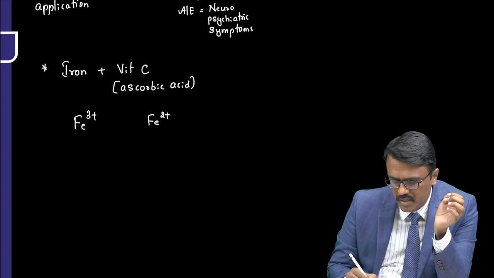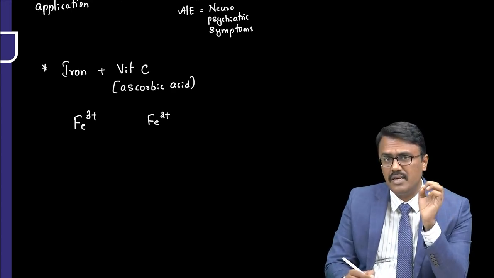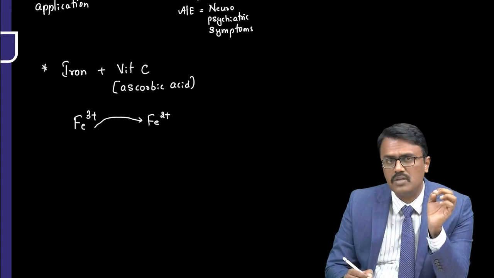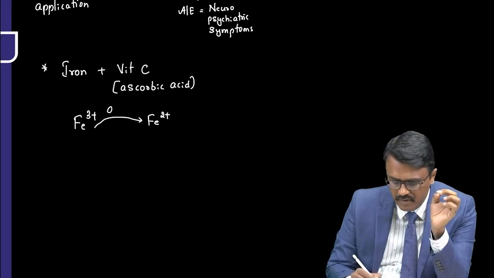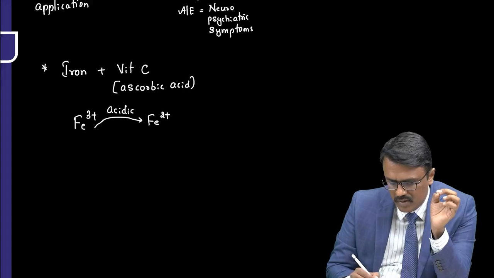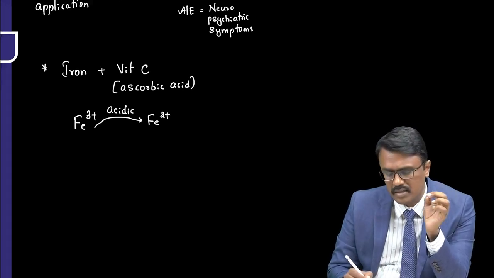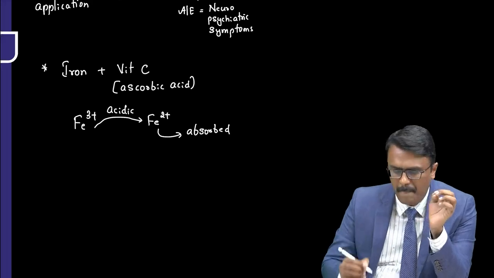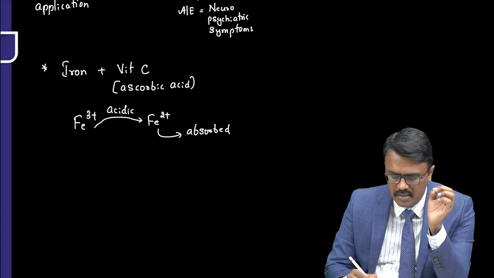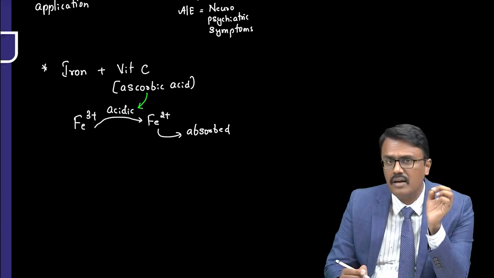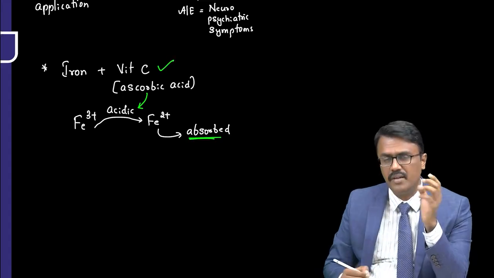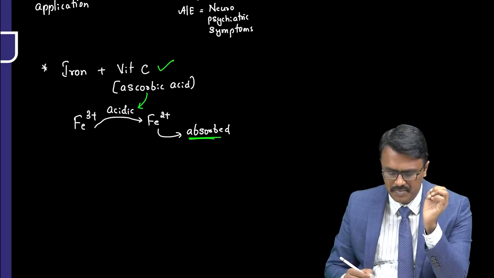Fe2+ is the ferrous form which gets absorbed. Fe3+ will become Fe2+ only in the presence of an acidic environment. So it requires an acidic environment to make it ferrous, and this gets absorbed. Now if I am adding vitamin C, it's an acid, it makes the environment acidic. So what happens to the iron absorption? Increases. So this combination is good, and that is what we mean by drug interaction.